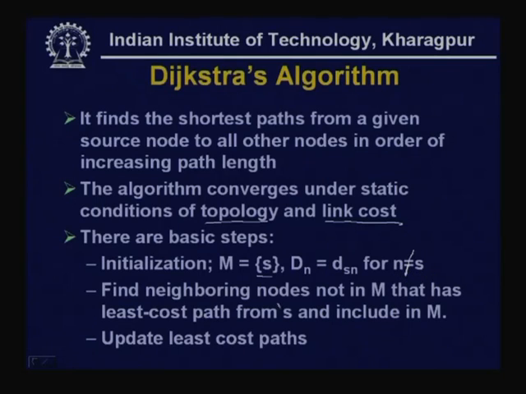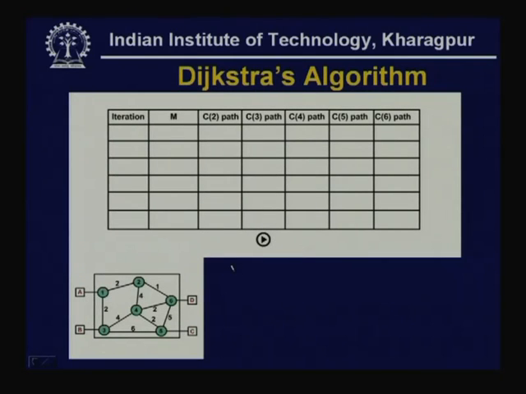Then it finds the neighboring node not in M that has the least cost path from s and includes it in M. In this way, in an iterative manner, it chooses a particular node, includes it in M and updates the least cost paths. Let me illustrate this with the help of an example.